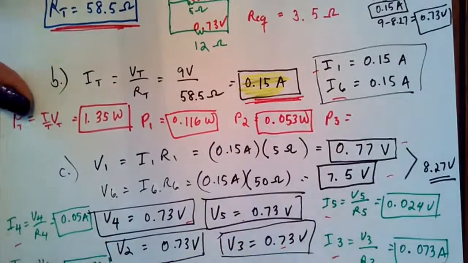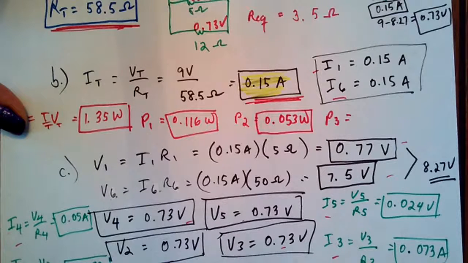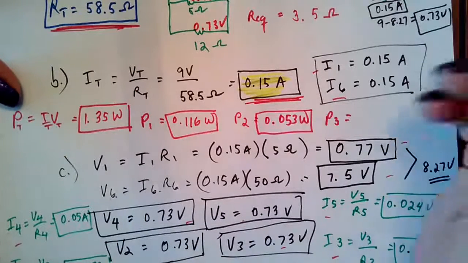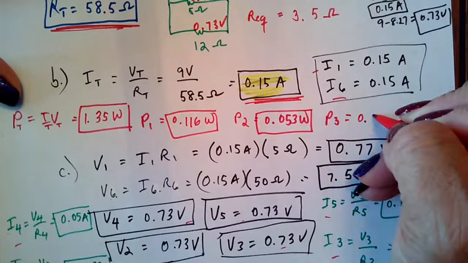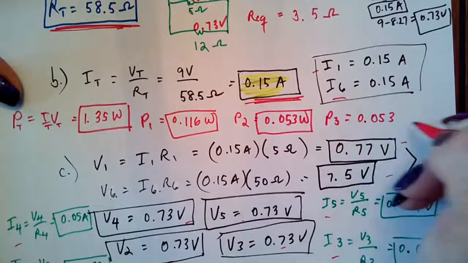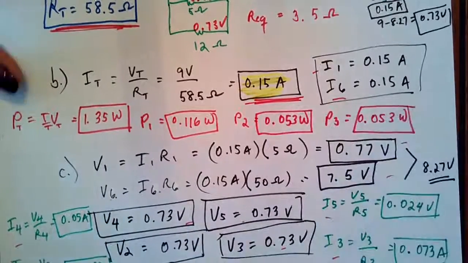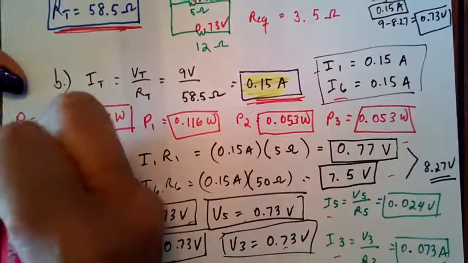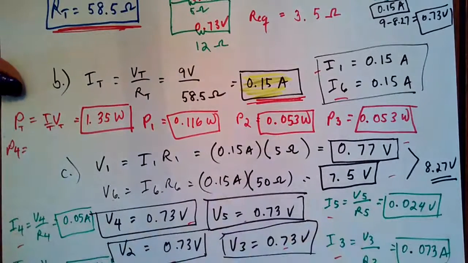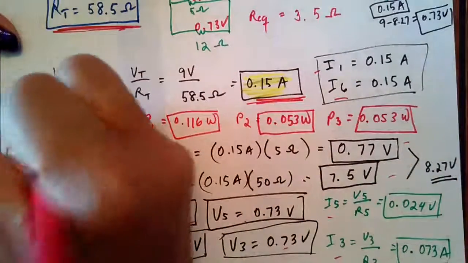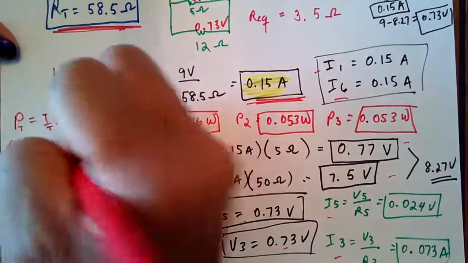P3 is equal to I3, which is 0.073, times V3 of 0.73, which is also 0.053 watts. P4 is 0.05 times 0.73, which is 0.037 watts.